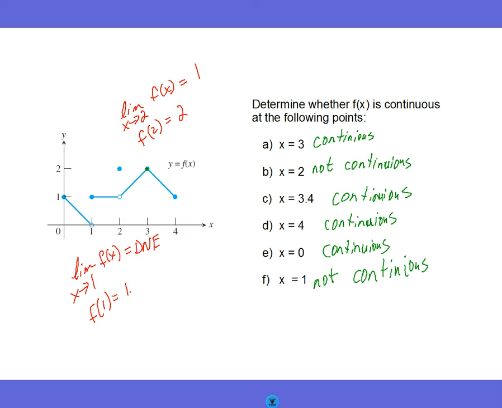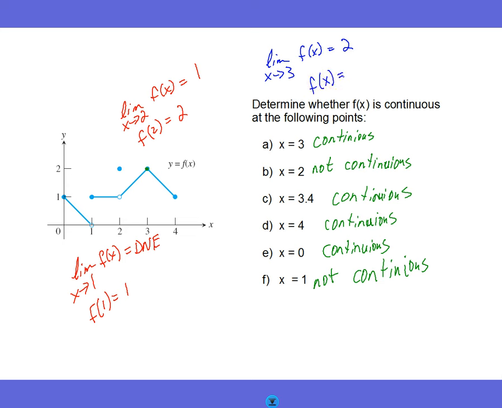Now let's compare that to something like 3. If I take a look at 3, what's the limit as x approaches 3 of my function? That's equal to 2, because it comes from both sides. What's my function value?